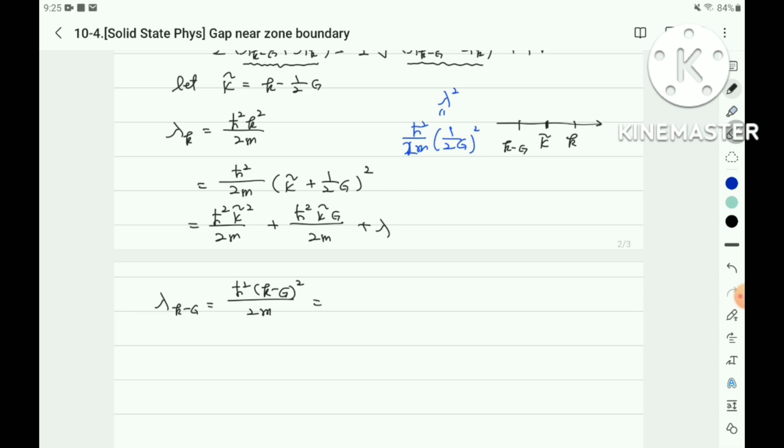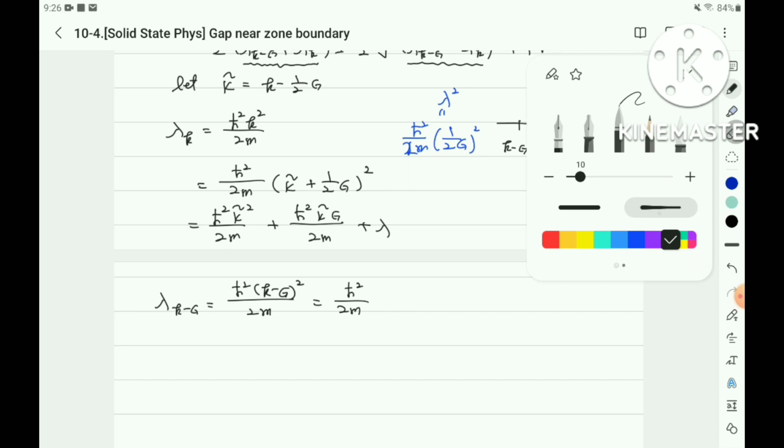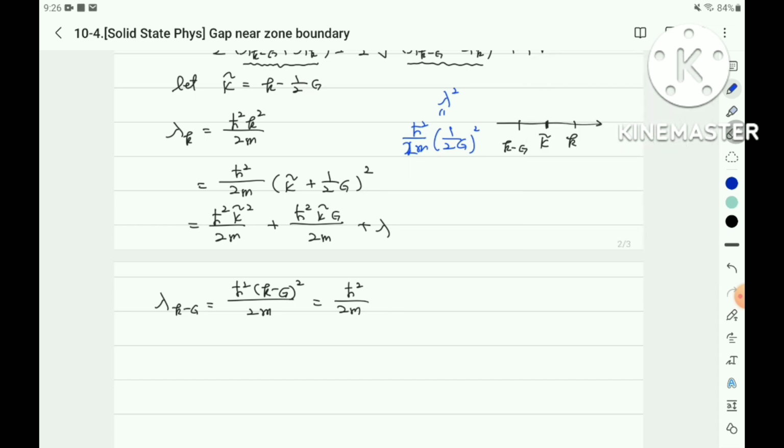Then it is h bar square over 2m, because from this definition we can think that k minus g is k minus 1/2 g minus 1/2 g, then it is k tilde minus 1/2 g, squared.